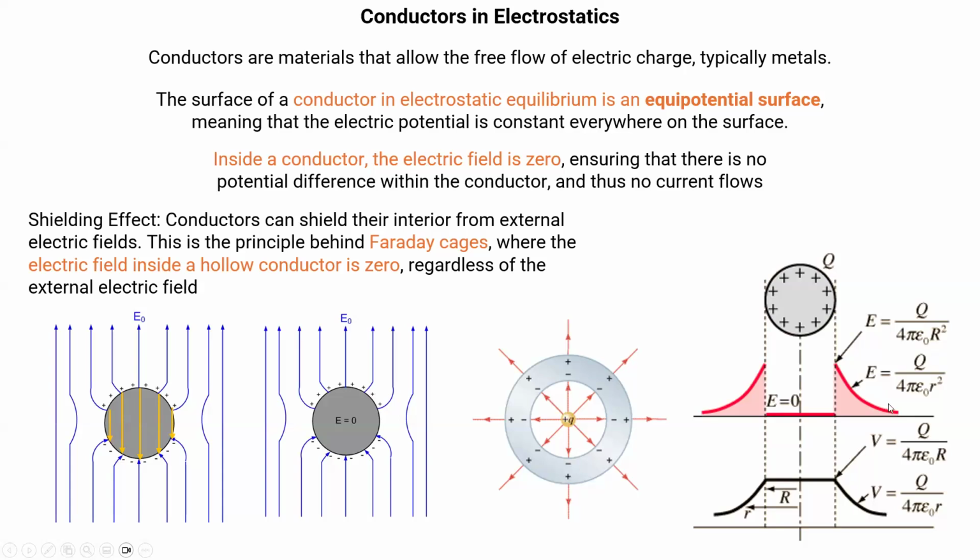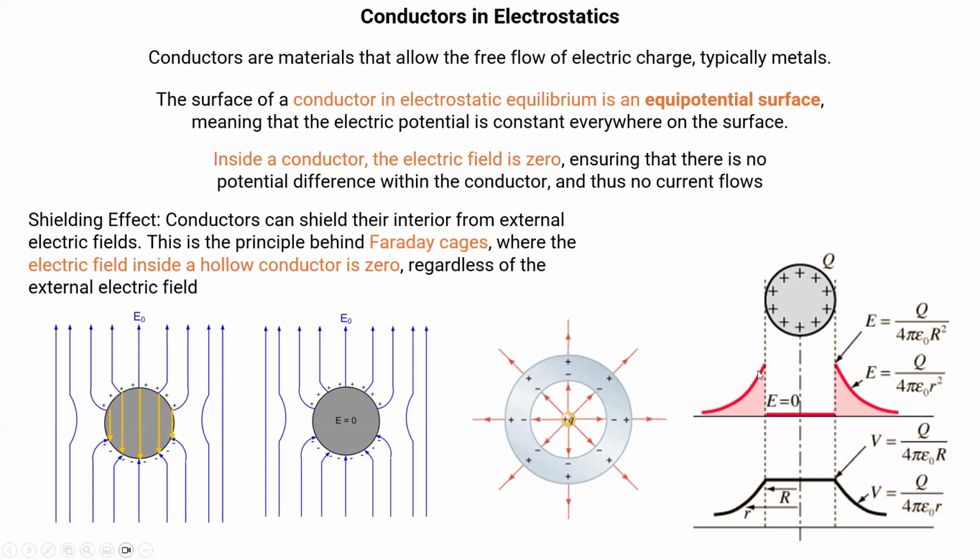So this is the Coulomb's law, essentially. At the same time, the potential inside of the metallic object will be just constant, okay?